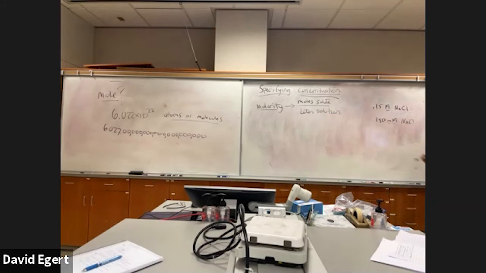Millimolar is just 10 to the minus third molar. So these are the same thing. I'll be using millimolar or molar interchangeably, just the same way you would say this thing is 150 millimeters or 0.15 meters. It's just metric.